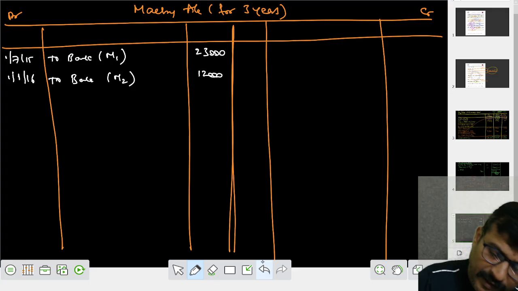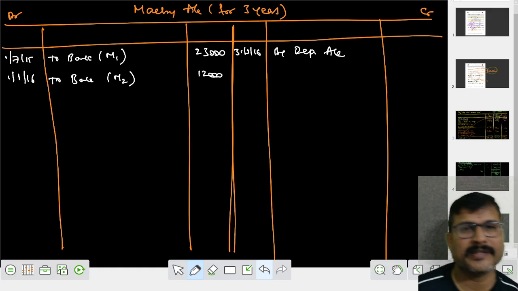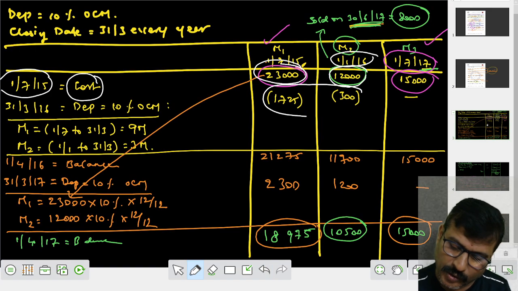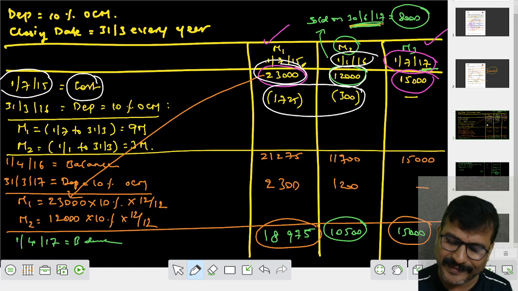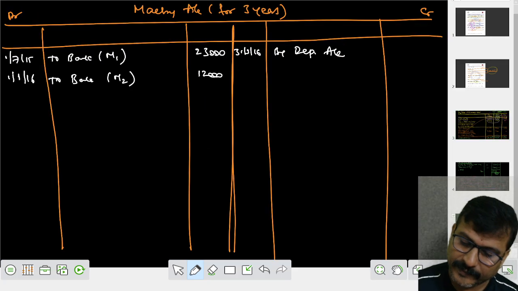Fine. At the end of the year, that is 31st March 16, what do we have to calculate? We have to calculate the depreciation. See, what was the depreciation you calculated? Put together both 1725 and 300. It comes to rupees 2025. Am I right? We have to take 2025.